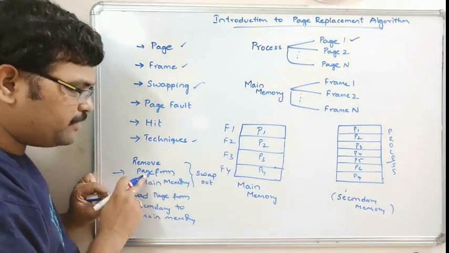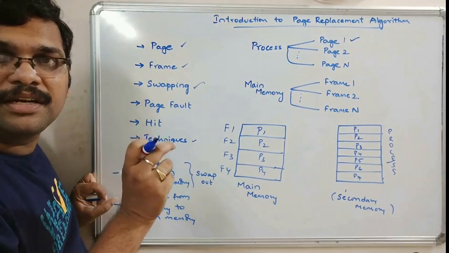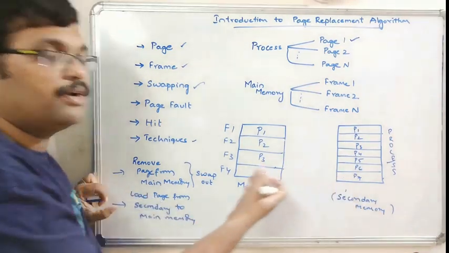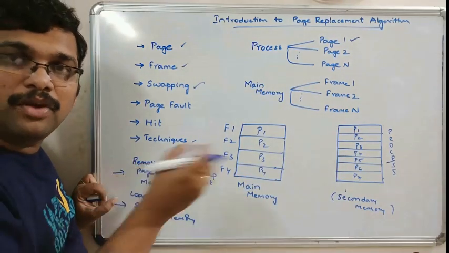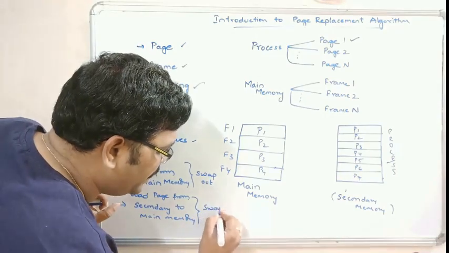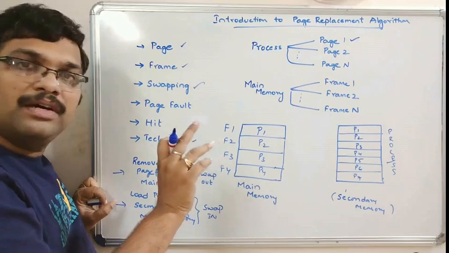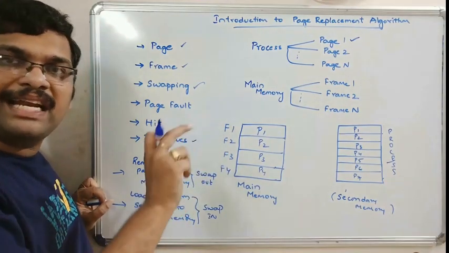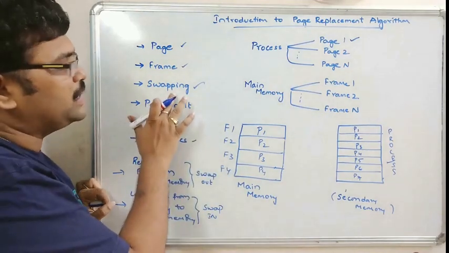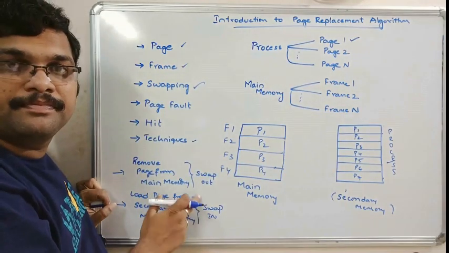If you remove the page from the main memory, that particular frame will be in an available state, so we can load the required page from the secondary memory to the available frame. This is called swap in. Finally, the process of switching pages between secondary memory and main memory is called swapping. That can be swap in or swap out.